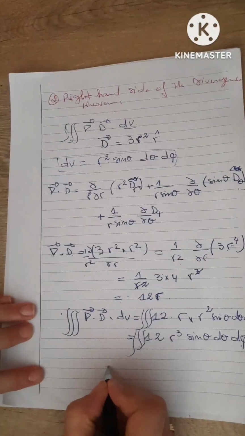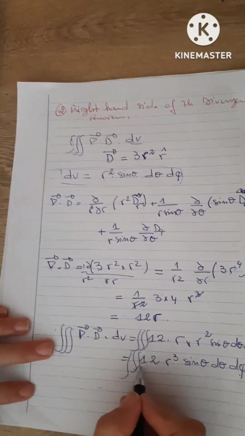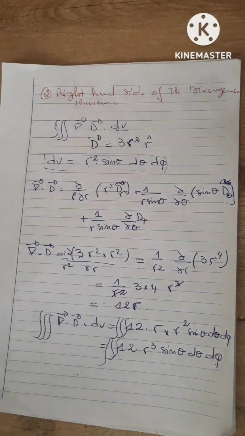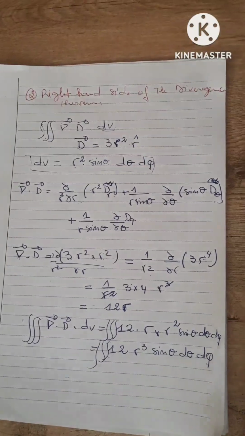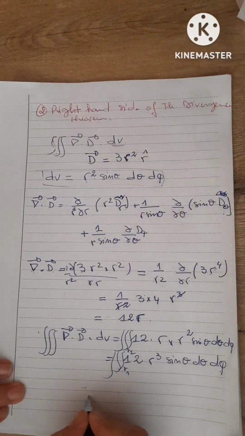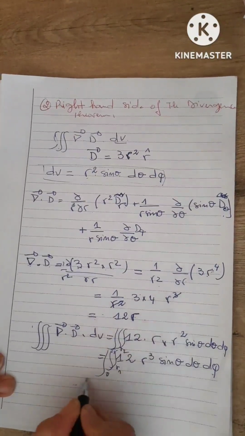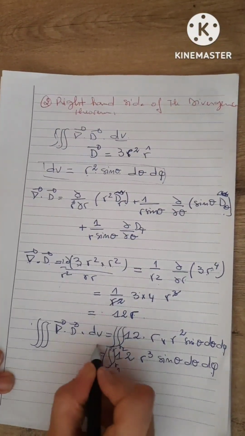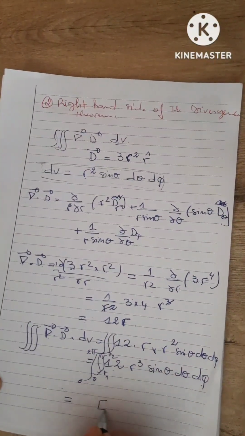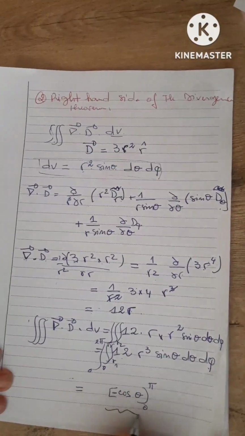Now the integral is not over a sphere, it is the part between two spheres of radius r1 and r2. So we have r from r1 to r2, theta from 0 to pi, and phi from 0 to 2 pi. Sine of theta gives minus cosine of theta from 0 to pi, and this result is 2.